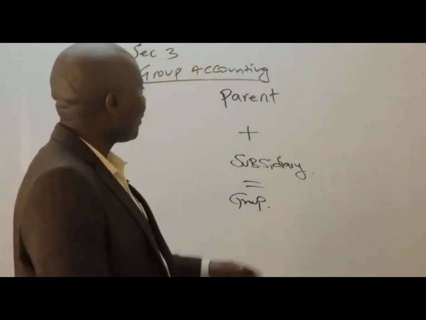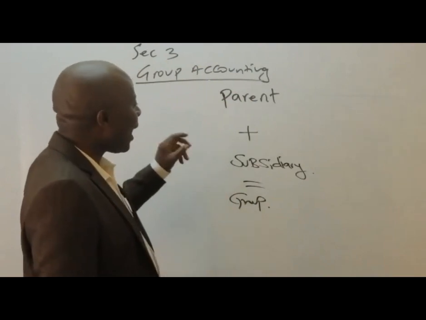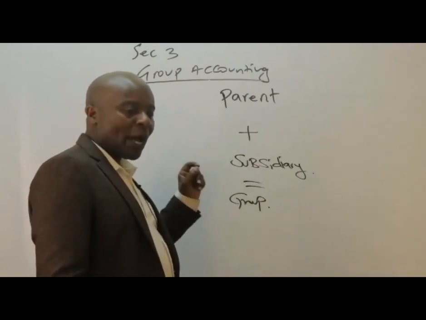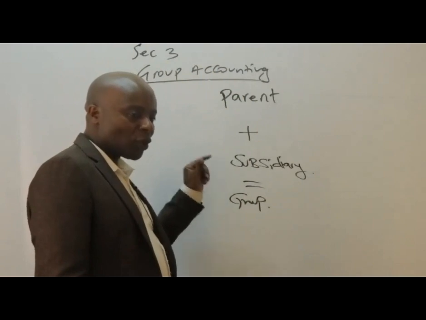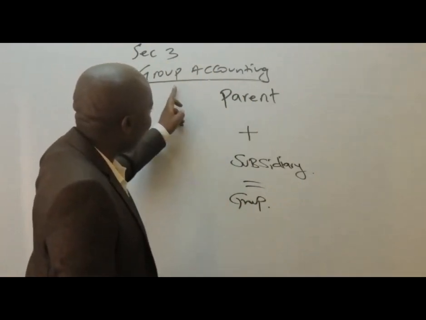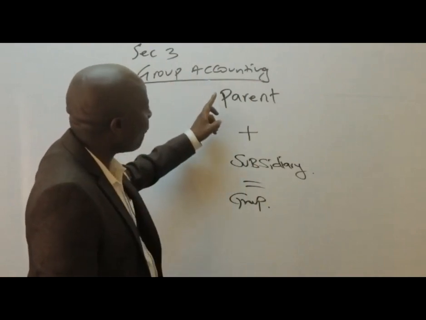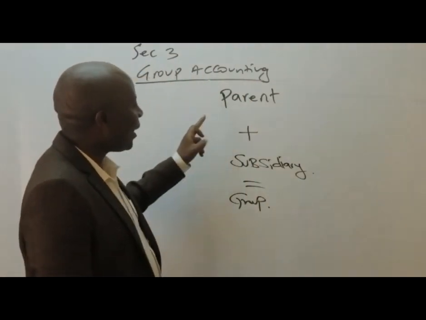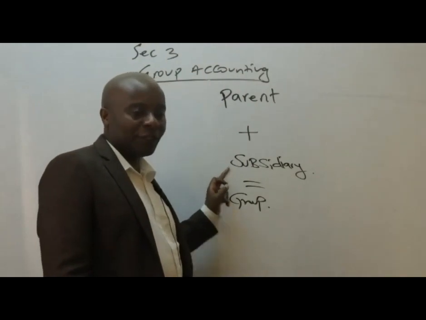Great. So we started by saying that according to IFRS 10, International Financial Reporting Standard 10, a group is comprised of a parent and a company called a subsidiary.